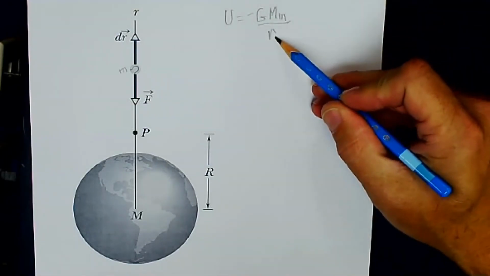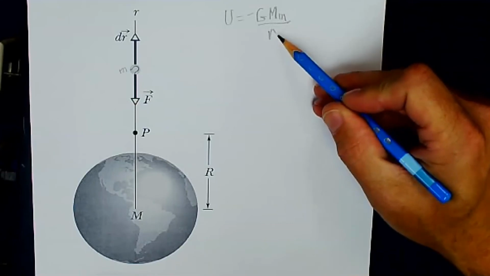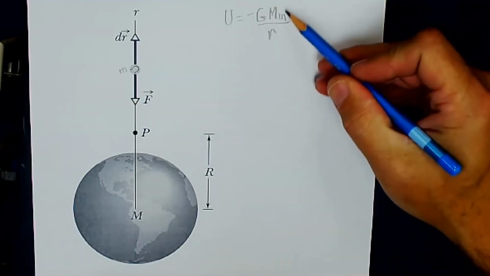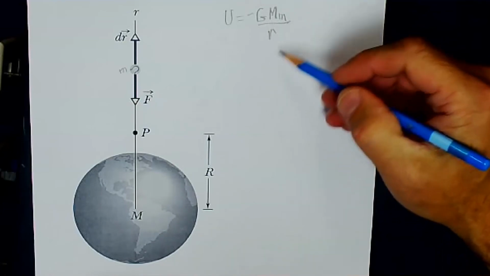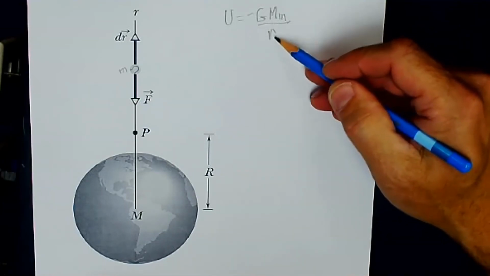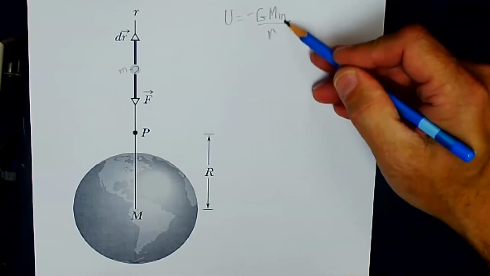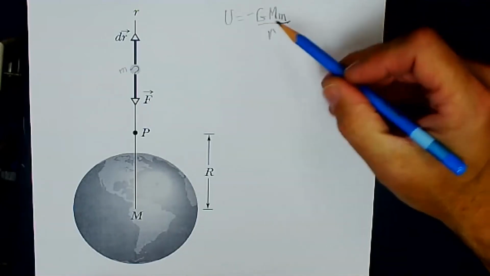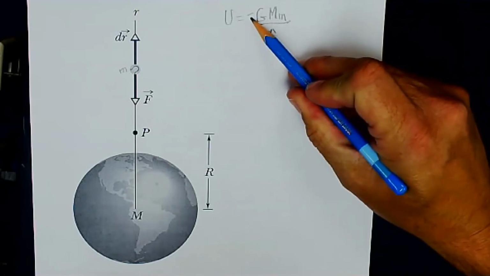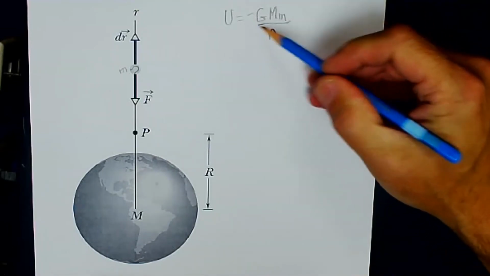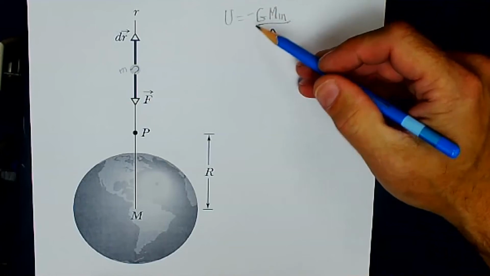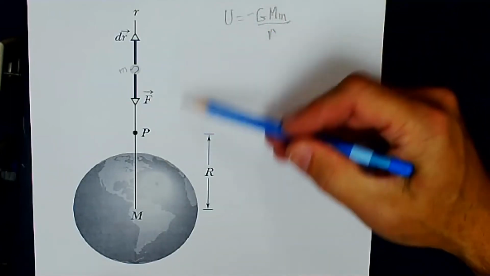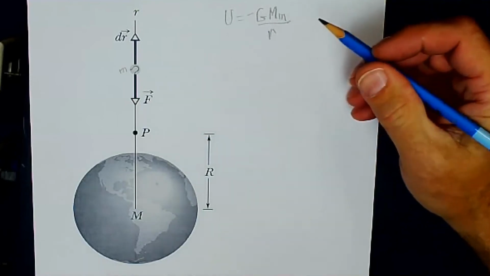So if r, the distance away, is infinite, then this number is 0. As we get closer to the planet, r becomes a smaller number, so the magnitude of this fraction becomes larger. But remember, it's negative, and a larger negative number means less potential energy. So as it gets closer to the planet, the potential energy is decreasing.